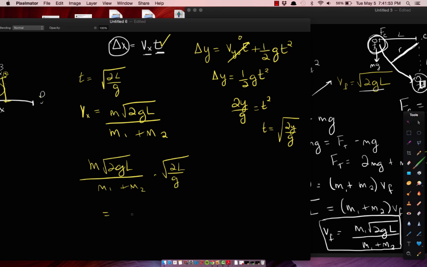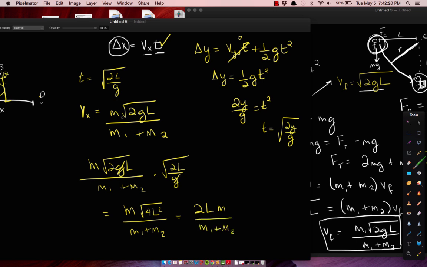The g's cancel out here because this is all under one square root. So m2 times 2L squared all over m1 plus m2. And this simplifies further to 2L times the square root of m2 all over m1 plus m2. Basically, we're just breaking the square root.